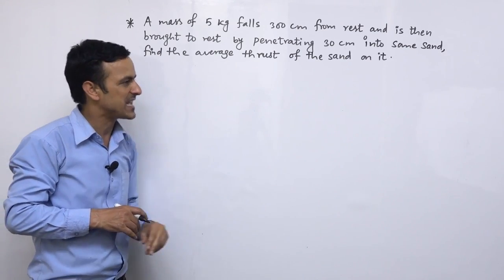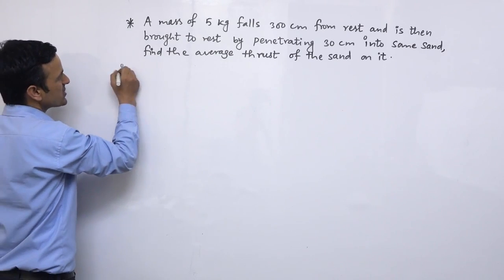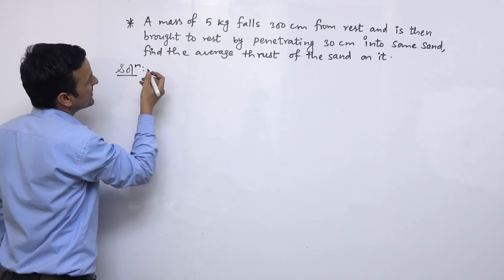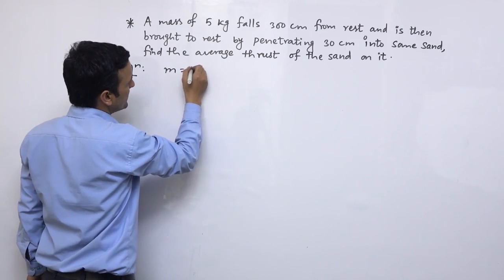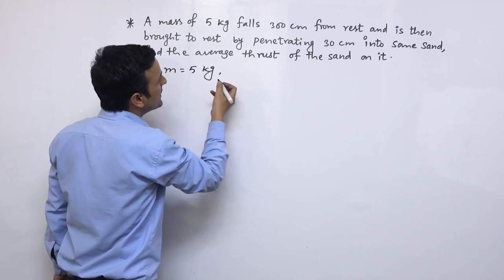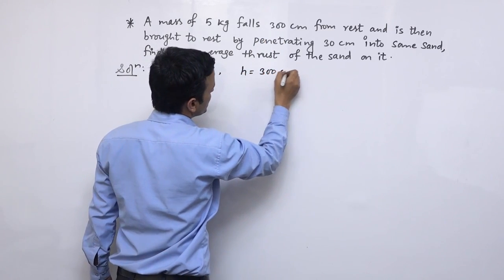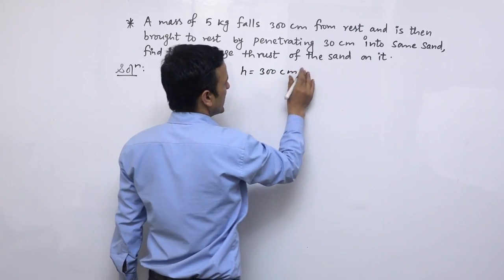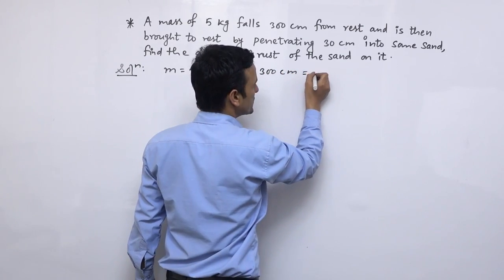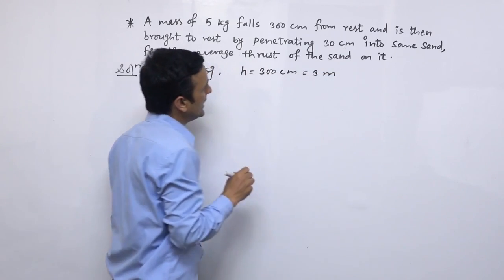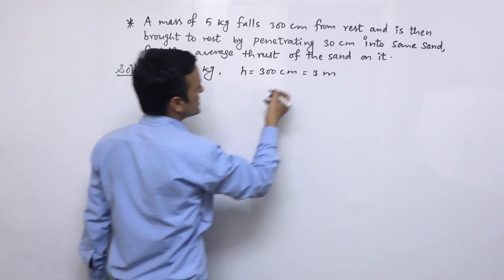Average thrust means it is acceleration. So for this we can solve it like this. Mass is given, 5 kg, write down, and it is the distance. So h is equal to 300 centimeter, and we can convert it into 3 meter only. From the rest means it is u.